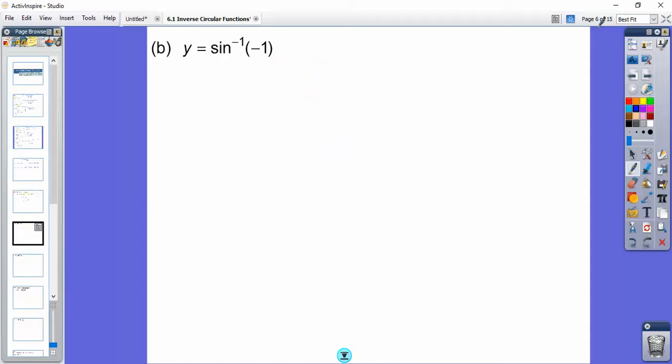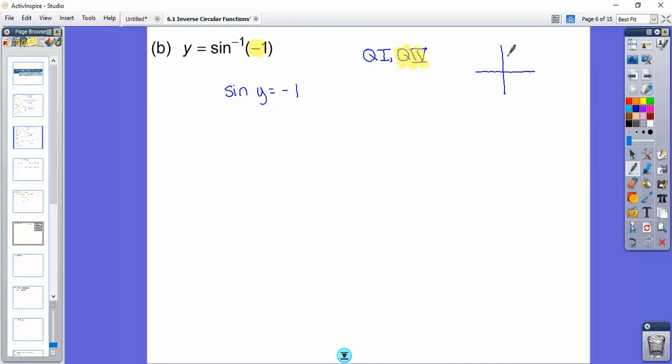Let's try some more with sine. So sine inverse, that's the same as arcsine. That means I'm in either quadrant 1 or 4. This is a -1, which means I'm in 4, my negative angle. This is like saying, when does sine of y equal -1?